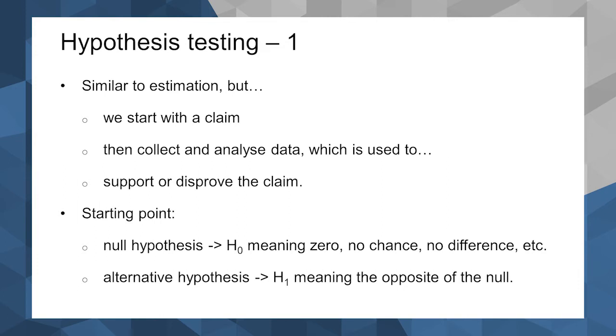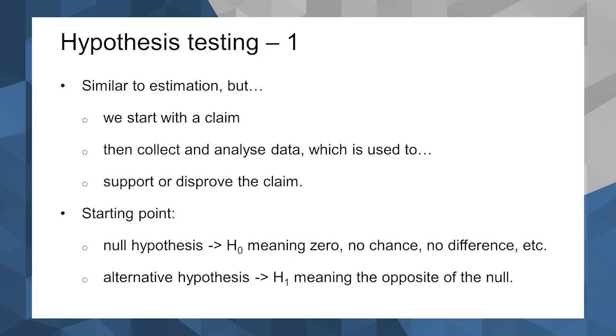So, same process, same formulations, because the calculations all come in the middle. One initial step, the claim, the belief I have, the hypothesis I have. One more stage at the end: was I right or was I wrong? Does the data support my claim or does it reject my claim?